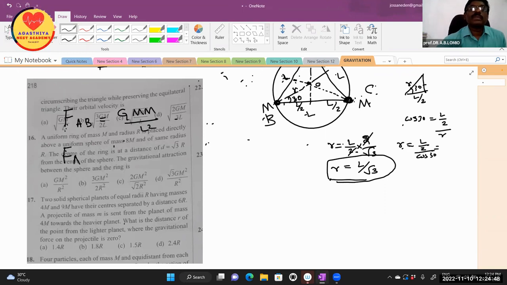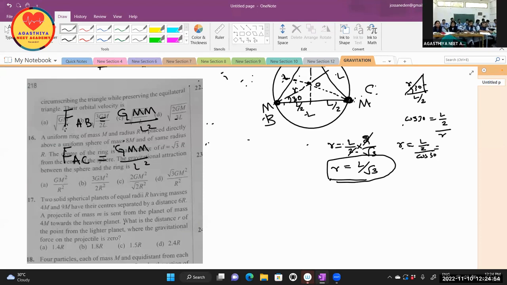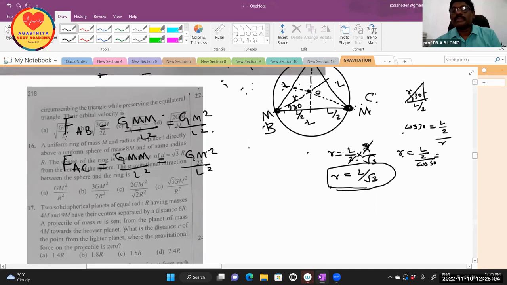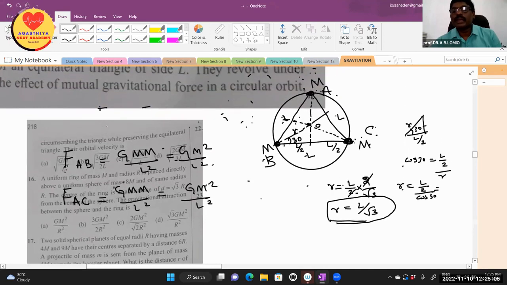Similarly, the force acting on the mass A due to C. See the diagram. With respect to the mass A, it is subjected to 2 forces, outward.